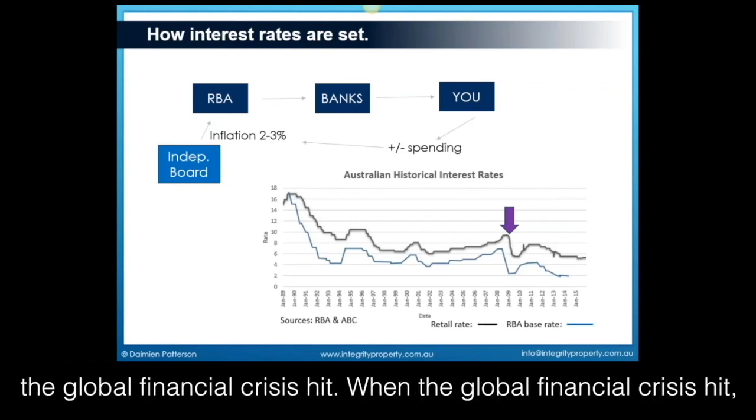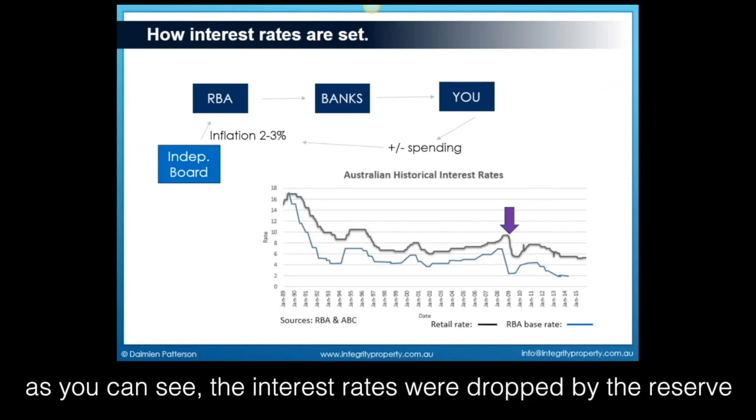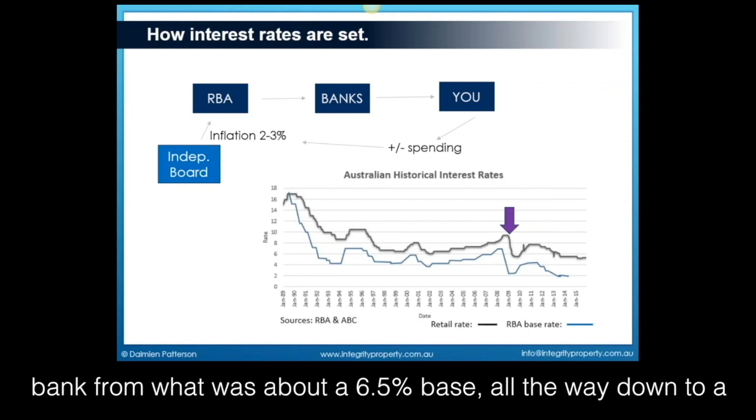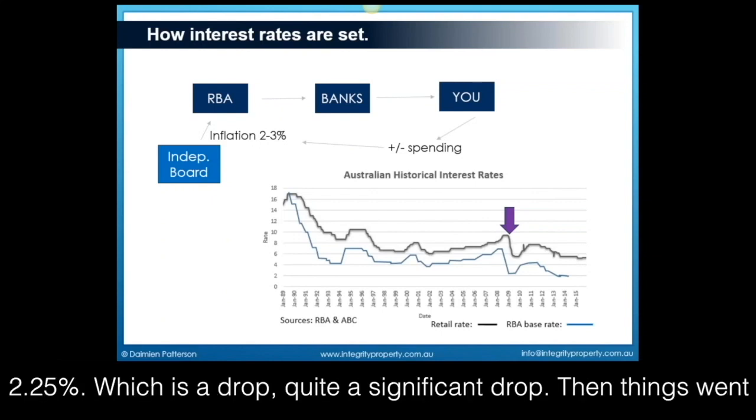But then the global financial crisis hit. When the global financial crisis hit, as you can see, the interest rates were dropped by the Reserve Bank from what was about a 6.5% base all the way down to a 2.25%, which is quite a significant drop.